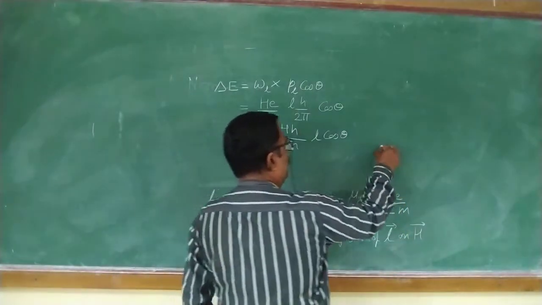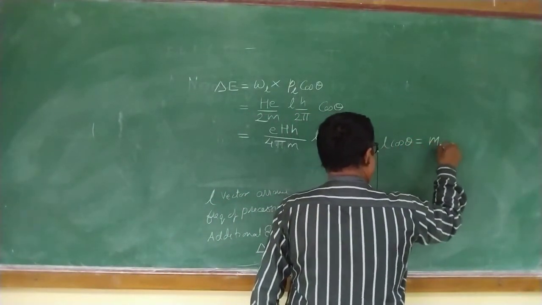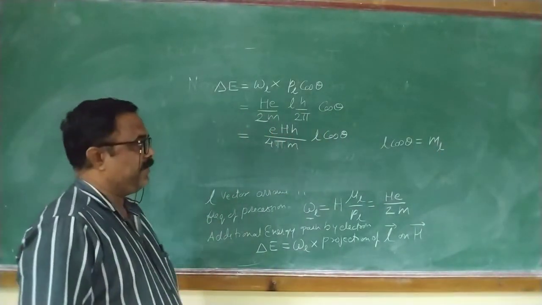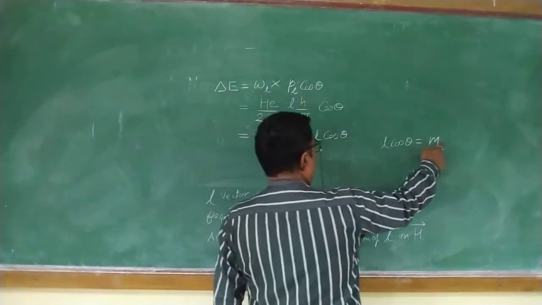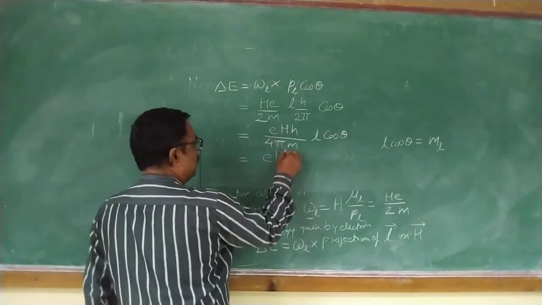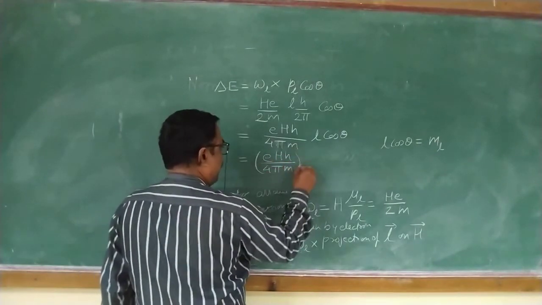Now this L cos theta is nothing but m l, the orbital magnetic quantum number. So if you put that, you get e H h divided by 4 pi m, times m l.